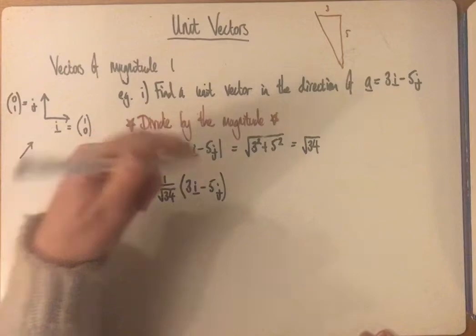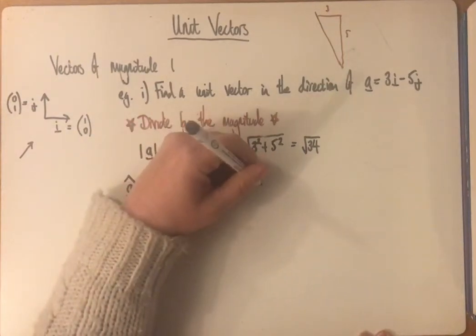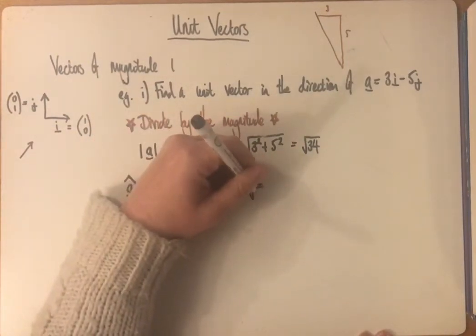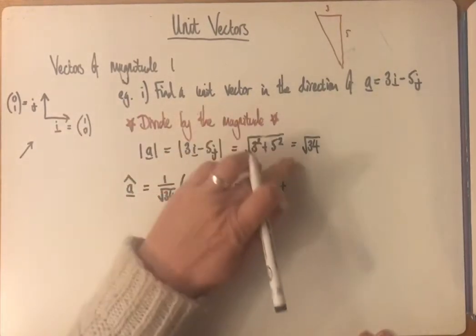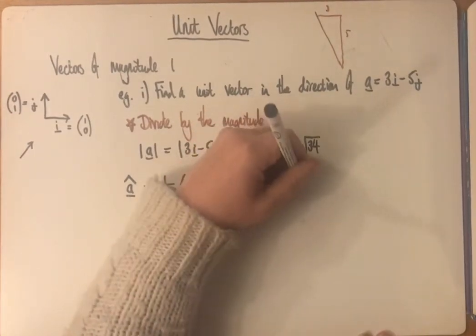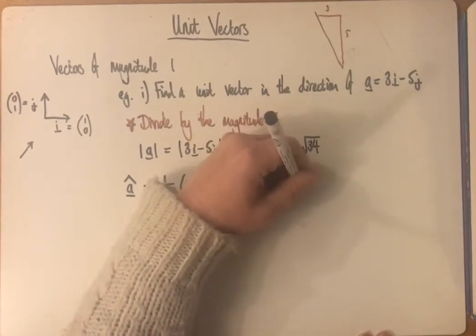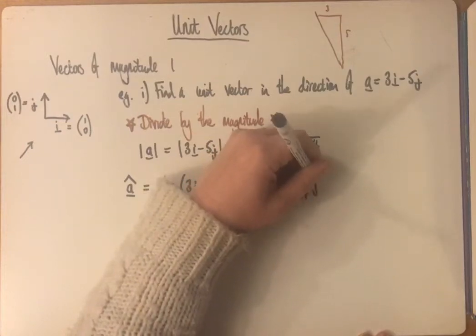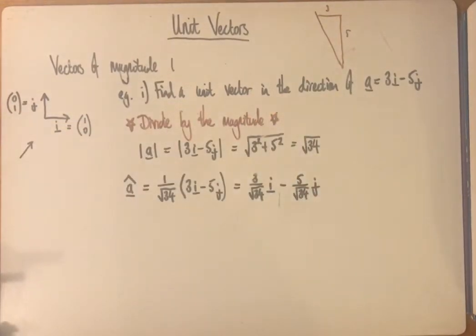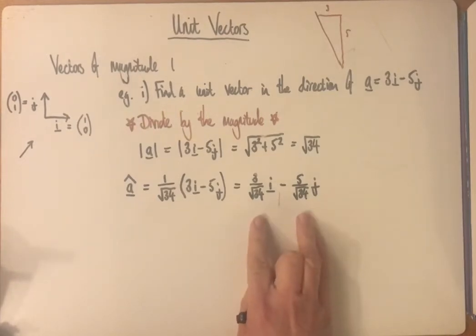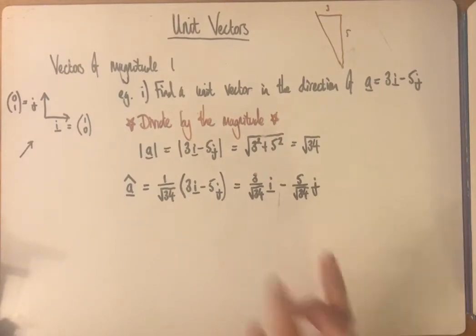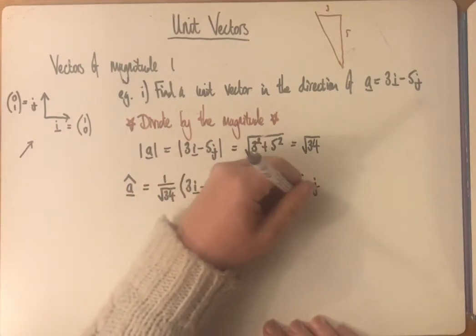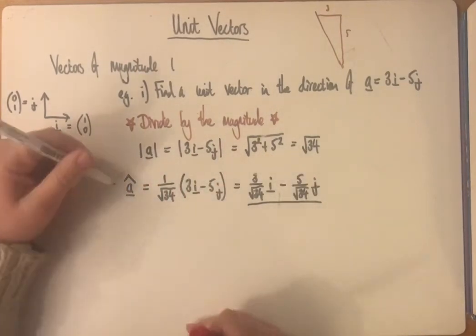So you could do it like that, or we can multiply through, so 3 over root 34 i minus 5 over root 34 j. So if you find the length of this line here, you'll end up finding that to be 1. I'll let you play with that. So that's the notation for a unit vector.